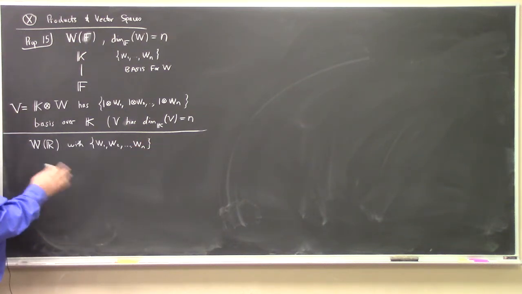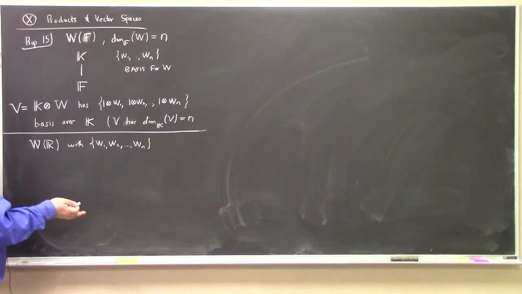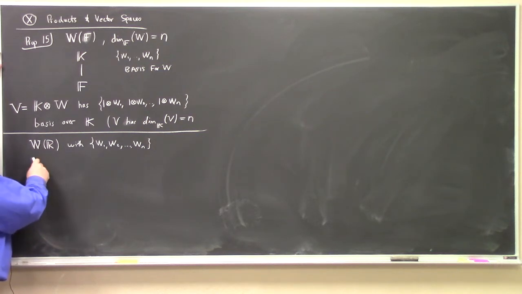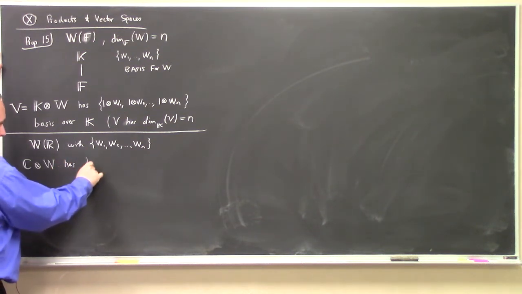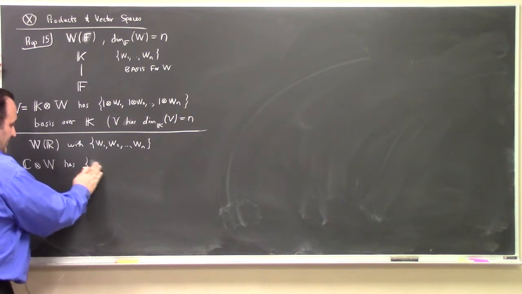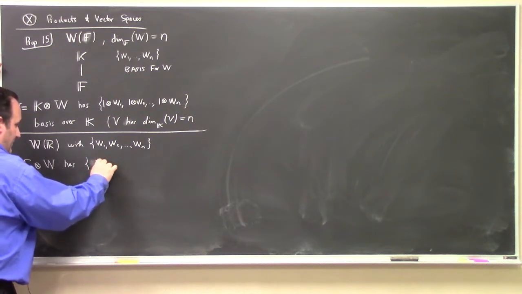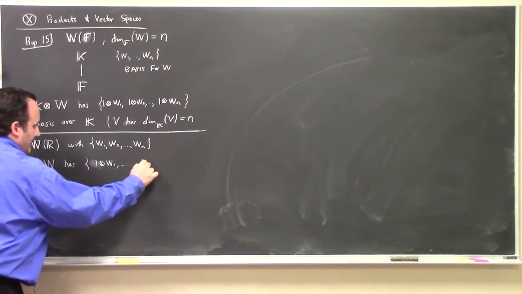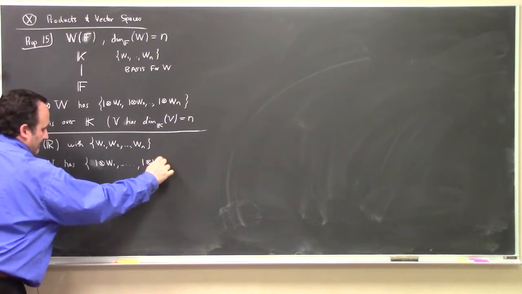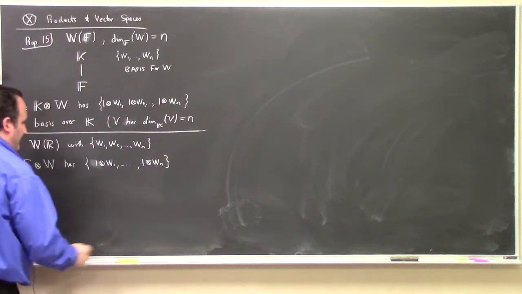And then I call it the complexification of W. But I'm pretty sure that that's just C tensor W. What's the basis? 1 tensor W1, through 1 tensor Wn.